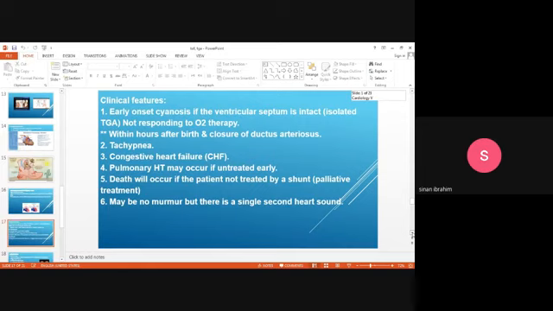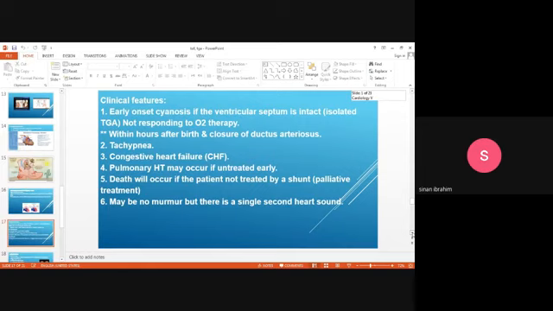Usually the patient will not respond to oxygen therapy, and the patient also develops tachypnea and may end with severe congestive heart failure because of poor oxygenation.